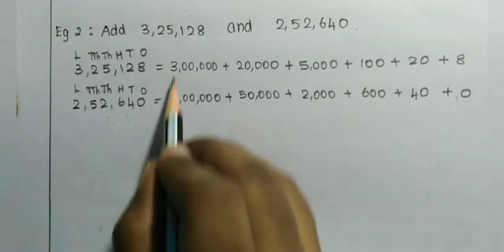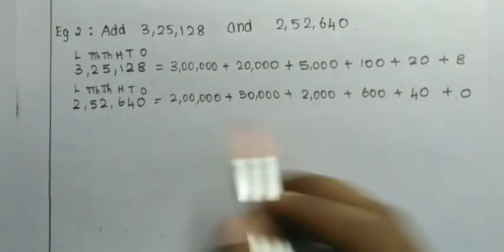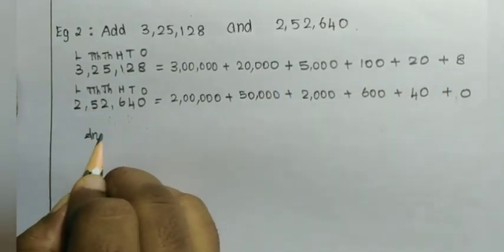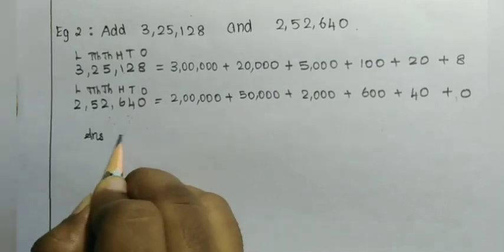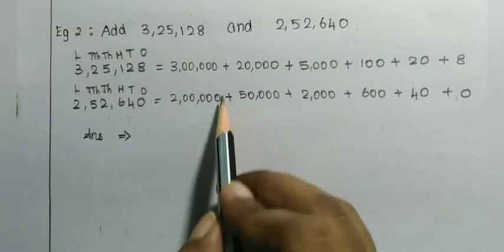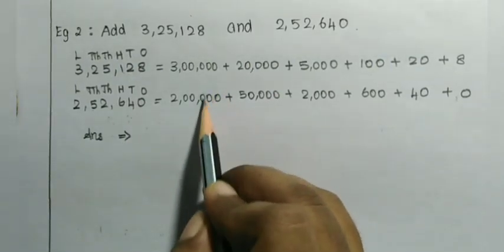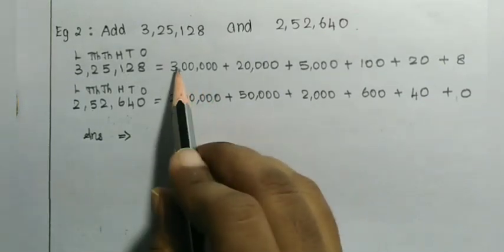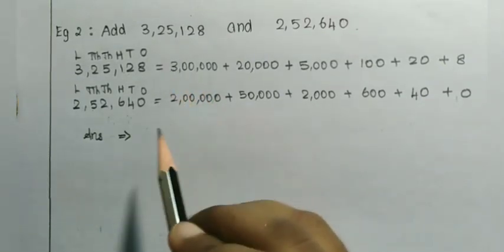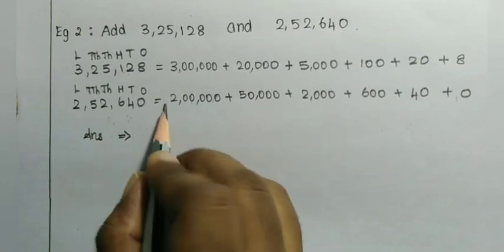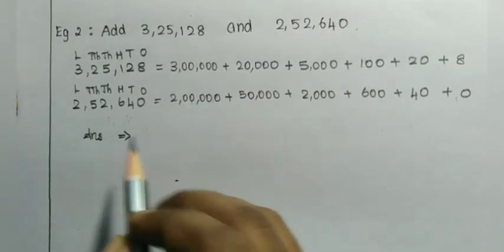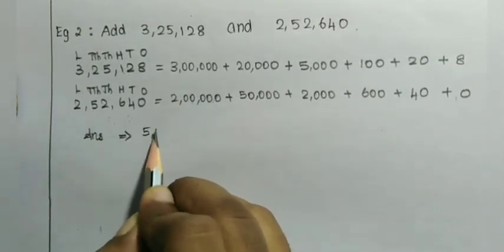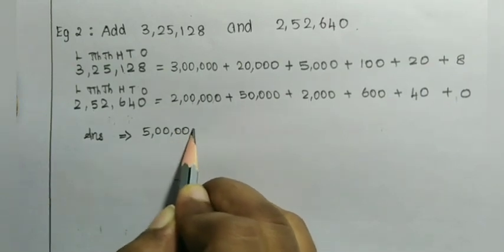Now we are going to add the numbers. Okay. So the answer is, by seeing, you can see all the numbers are 0 except the digits in the highest place value, that is in the lakhs position. So add that alone. 3 plus 2 is 5. 5 lakhs.